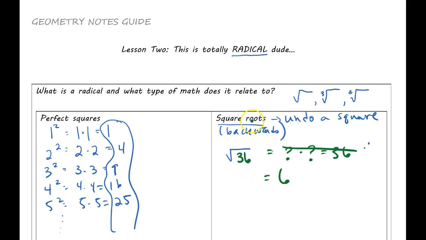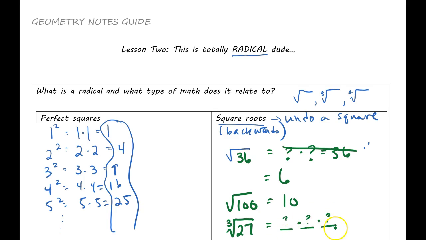So whenever you're undoing a square root, it's pretty easy. The square root of 100: what number times itself is 100? Well, 10 times 10 is 100. And just so you have it, though this assignment's not going to be a lot about it, if I had a little 3 there and the number 27, instead of a number times a number being 27, this is saying a number times the same number times the same number is equal to 27.